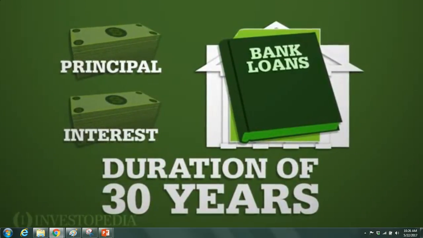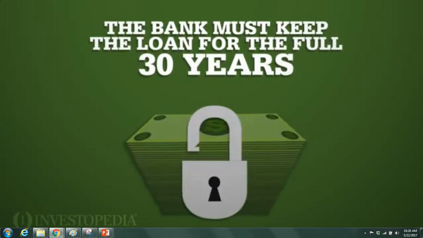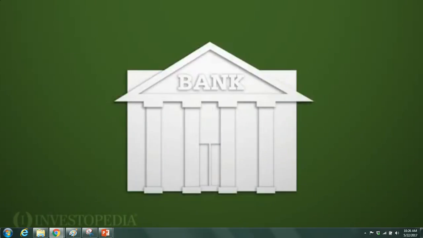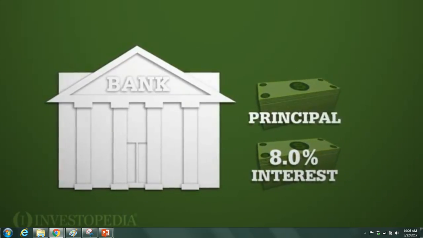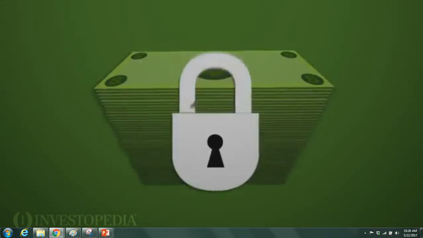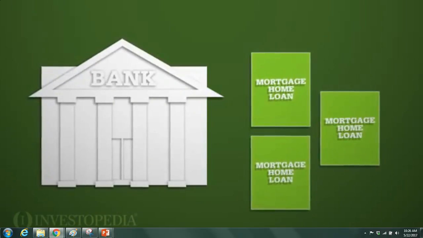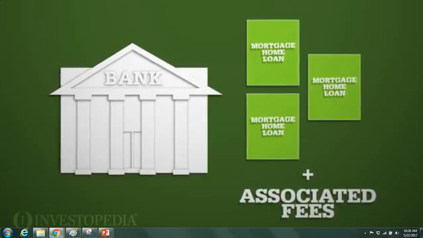One downside of this arrangement was that the bank had to keep this loan for 30 years, tying up capital and resources. One day, the bank had an idea. It could sell the stream of interest, the 8%, and principal payments from Tony's loan to investors to get it off the bank's books and free up capital at the same time. The bank would make money simply from originating and servicing the mortgages and from other associated fees.